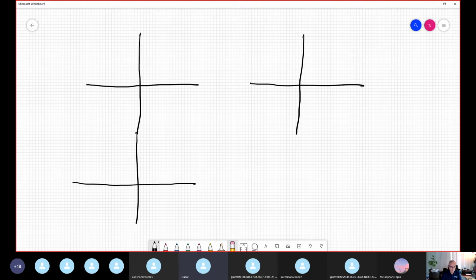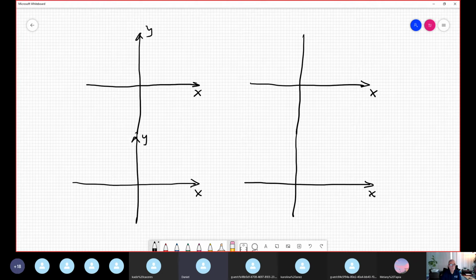Suppose 4 graphs. This is X. This is Y. And suppose one graph like that. This arrow indicates also that the graph continues forever in that direction.